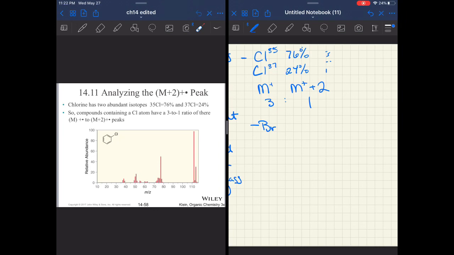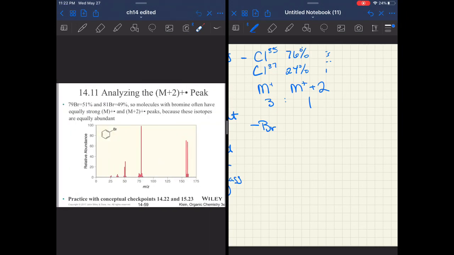Bromine may be even easier because you have bromine 79 and bromine 81, and they're almost equal. It's 51% the light isotope, 49% the heavy. And so you're going to get an M+ and then an M+2 peak that are about 1 to 1.